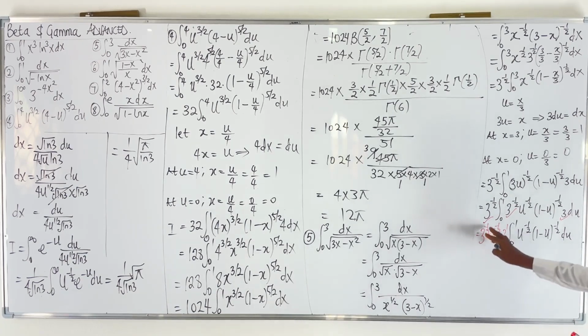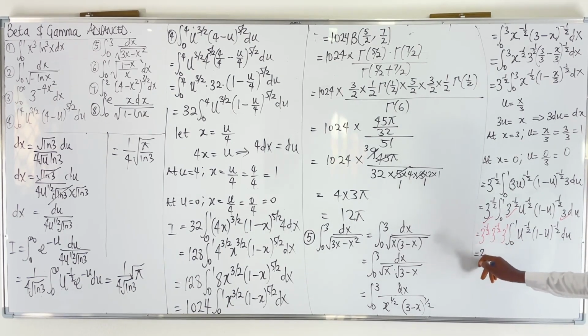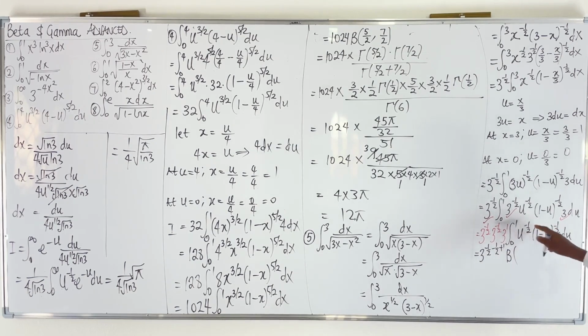Now if you take a look at this, this is all indices. So this will be 3 to minus half plus 1, minus half plus 1. Then I have everything here, this is now my beta function. Now let me add 1 to this too.